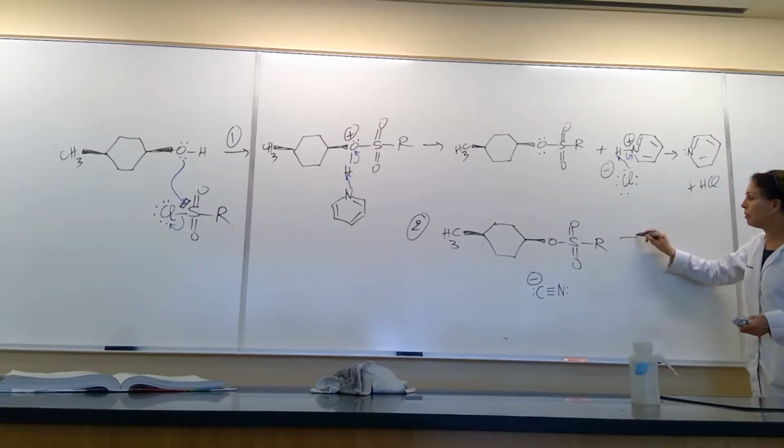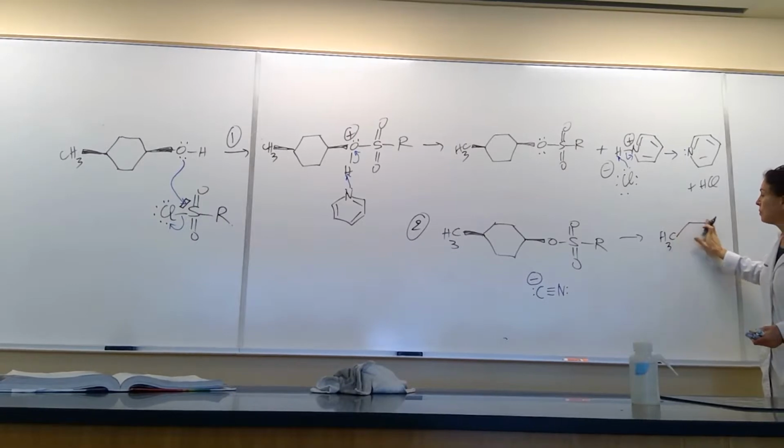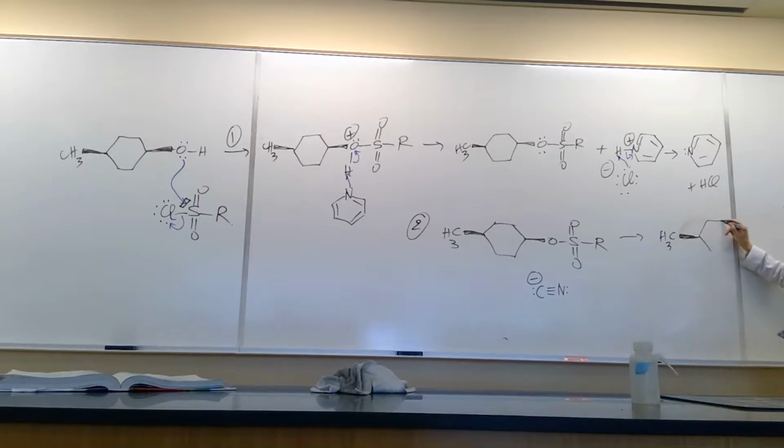So what do we get? We get CH3. So this side, we don't touch it because it's not involved. Again, sometimes they like to give you some distractions, and that's just it. So every time you have an SN2, you have an inversion.